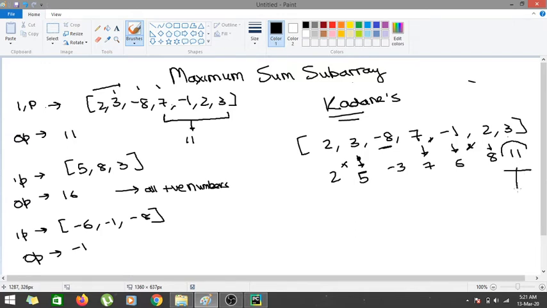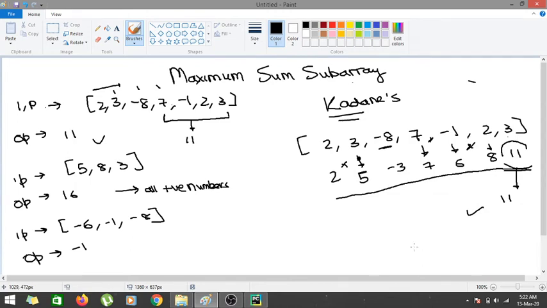Thus, we have to find out the maximum among all of these maximum ending values, and then you would be getting the maximum sum of your subarray. That is, in this case, 11. As we had seen in the dry run also, we were getting 11, and according to Kadane's algorithm also we are getting 11. So 11 is the required maximum sum subarray.